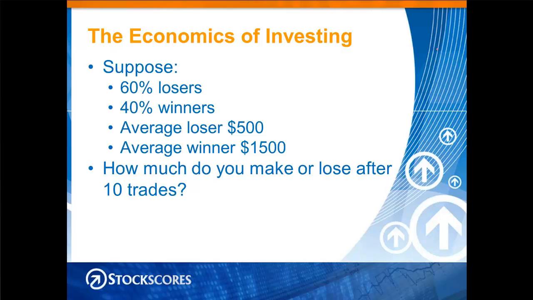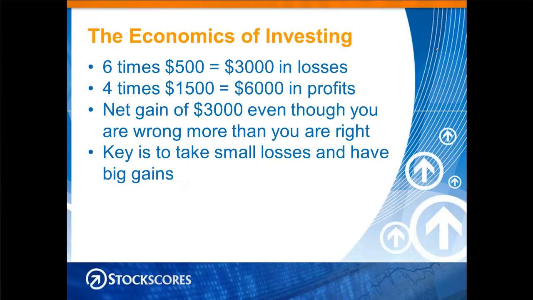So here you've got a losing percentage, but ask yourself, how much would you make or lose after 10 trades? Well, let's go through the math together. If 6 times we lose $500, we have $3,000 in losses after 10 trades.